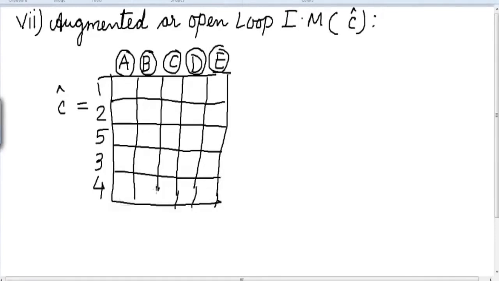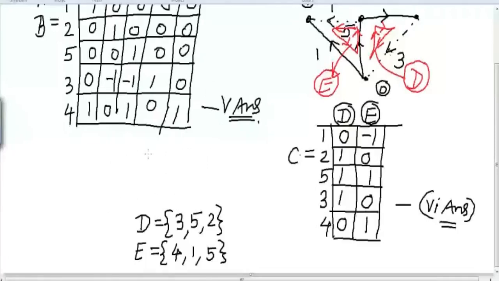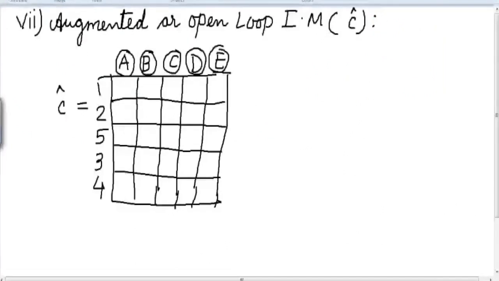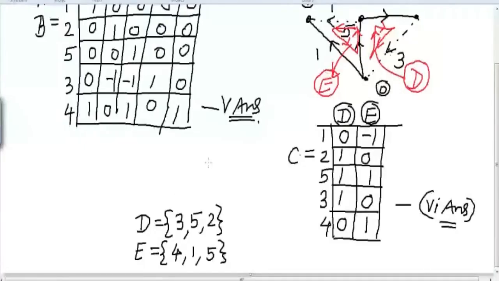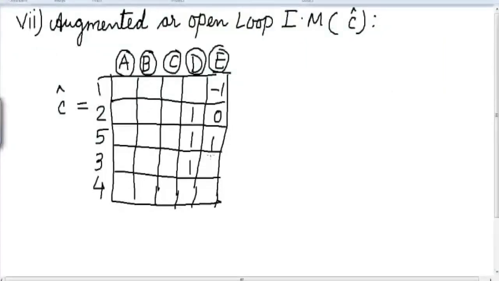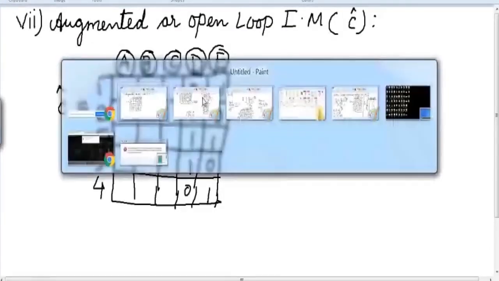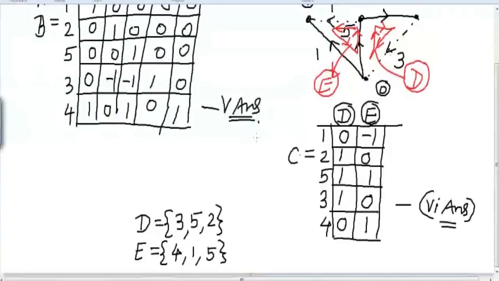In the D and E columns we have to fill: 1, 1, 1 in the D column, and -1, 0, 1, 0, 1, -1, 0, 1, 0, 1. This is the content of the previous matrix. We have taken this from the previous matrix, which was our basic loop incidence matrix, and written it in the augmented loop incidence matrix.